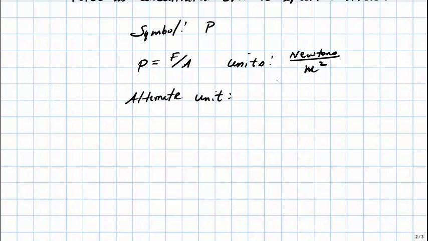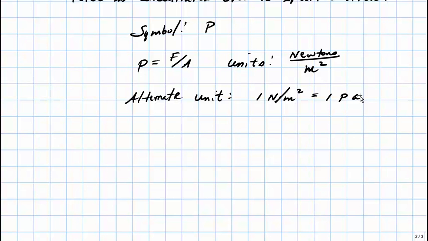The scientific community has named 1 Newton per square meter after Blaise Pascal. And so we will sometimes refer to the SI unit as the Pascal, and it's the equivalent of a Newton per square meter. Therefore, these units are interchangeable. As you can see, the Pascal is abbreviated as Pa.